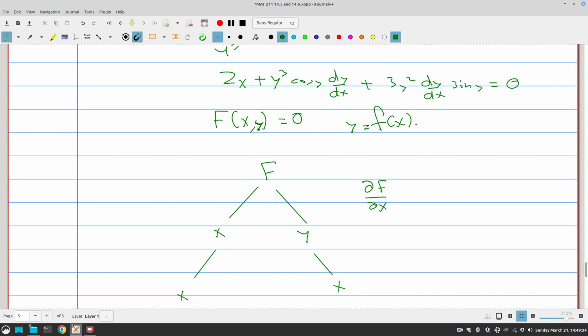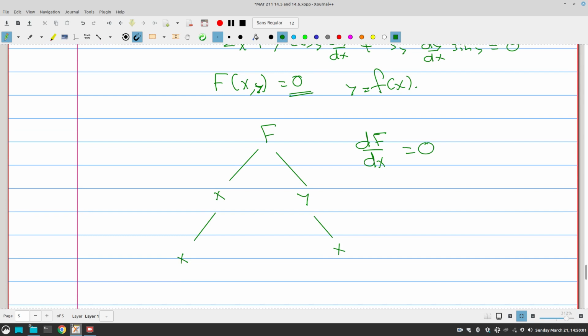Actually, not this. I want to find this df over dx. Well, this is actually equal to 0 because the right hand side is 0. Now I can use this to find a total derivative, because remember, F is ultimately a function of x. So I can write the total derivative of F with respect to x.